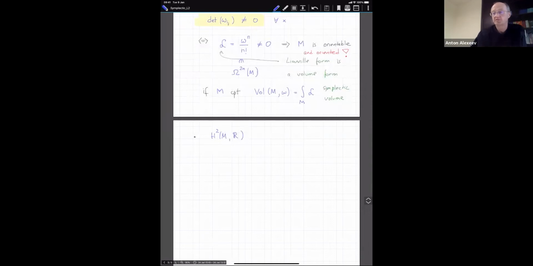Of course, there are many homology theories, but in particular there is de Rham theory, where this group is simply the following: two-forms which are closed, divided by the space of two-forms which are exact, that is, de Rham differentials of one-forms.